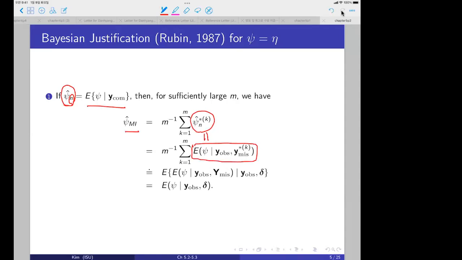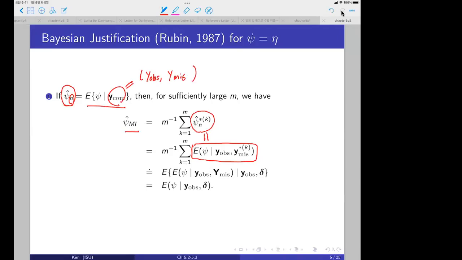And what is the individual imputation estimator? It is the imputed value plugged in here. Your Y complete has a Y obs and a Y miss.